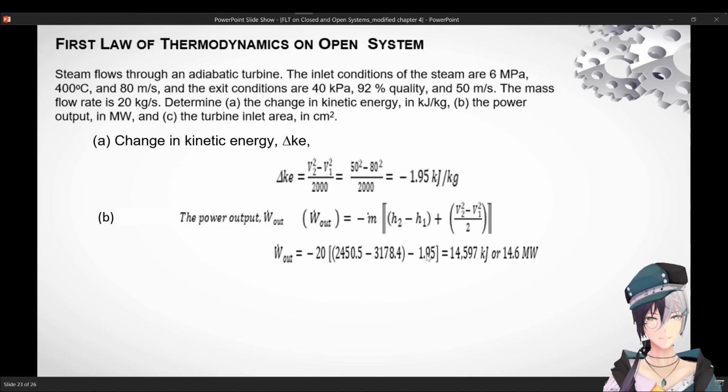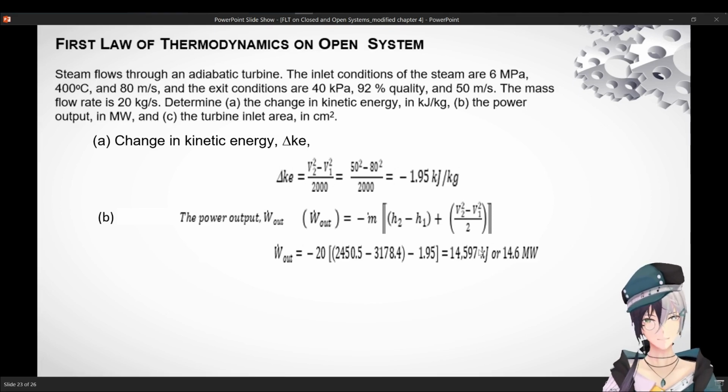And then, of course, this is your kinetic energy in kilojoules per kilogram. So kilogram is cancelled because this is 20 kilograms per second. So that will be kilojoules per second. So the final answer is 14.6 megawatts.